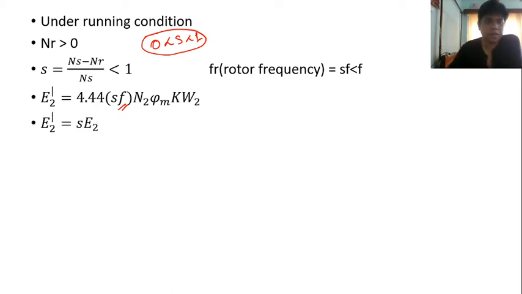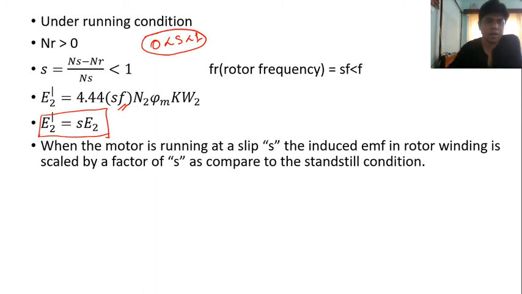Now when we take S common from the remaining expression, E2 dash becomes S into E2. Okay. So when the motor is running at a slip S, the induced EMF in the rotor winding is scaled by a factor of S as compared to the standstill condition.